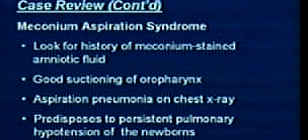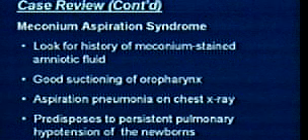Because if they take their first breath, they're going to inhale that right down the trachea into the lungs, causing meconium aspiration syndrome. What would the x-ray look like? Well, you would see some evidence of aspiration on x-ray.